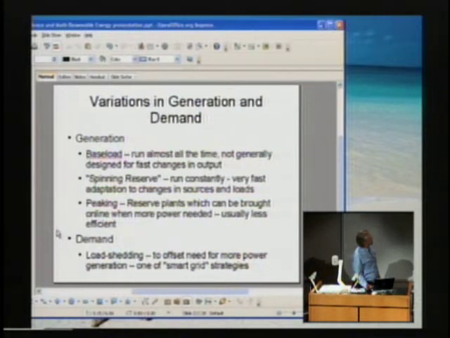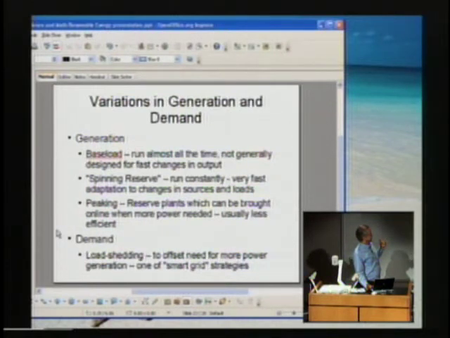So there are variations in both the demand, which can be summer, winter, time of day, and so on, and also in the generation resources that are available, particularly in the renewables. What's usually called base load is plants that run almost all the time. Coal plants are generally considered base load, and so are nuclear plants. There are also spinning reserves.